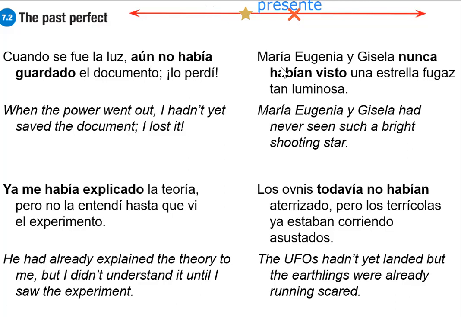Anytime before that. That's why we use the habían visto. Notice here it's actually nunca habían visto. We split that in English usually. Had never seen. The order's a little bit different. That's because we cannot split this in Spanish. We've got to keep the haber and the participle together. The nunca would go before it.